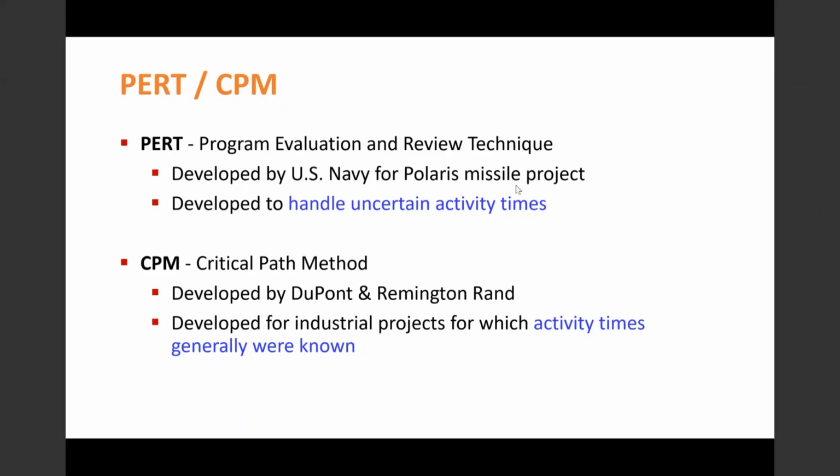So PERT was developed to handle uncertain activity times related to this project. The critical path method, on the other hand, was developed by DuPont and Remington Rand, primarily for industrial projects where generally the activity times are known and variability of the activity times was not such a big concern as compared to the missile project.